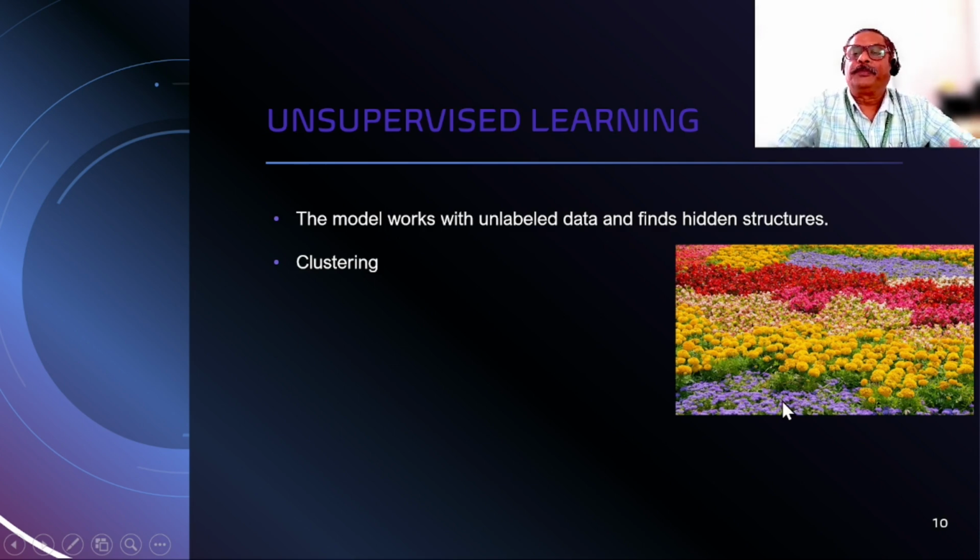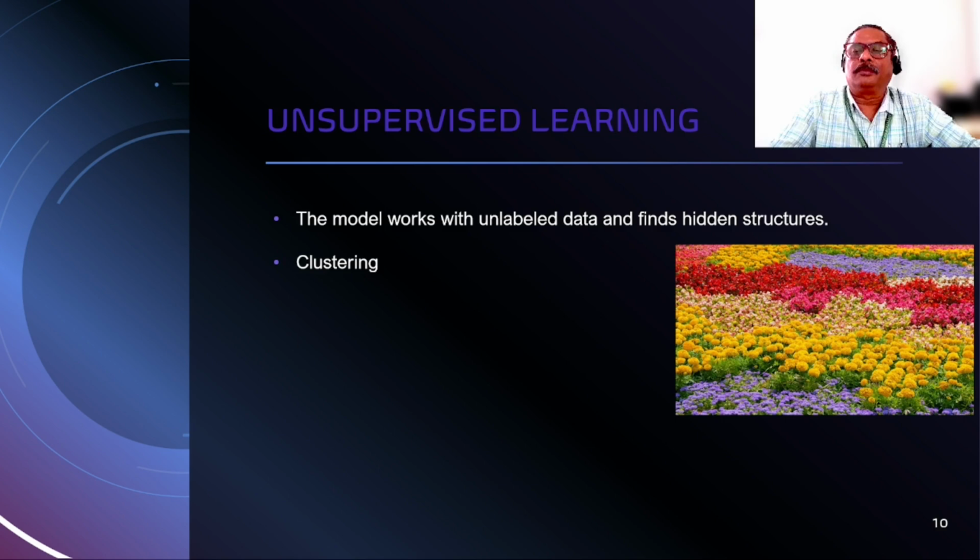Then you can say that these clusters are similar, or those clusters may be similar. We are talking in an abstract sense. We don't have to name them, but just looking at the data, we can identify hidden structures or patterns and cluster them into different categories and classes.